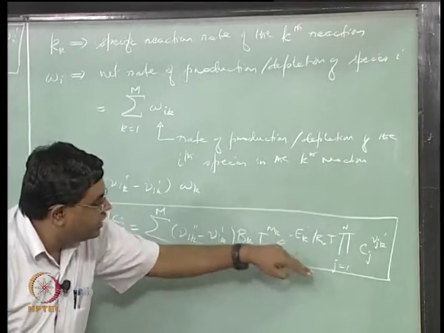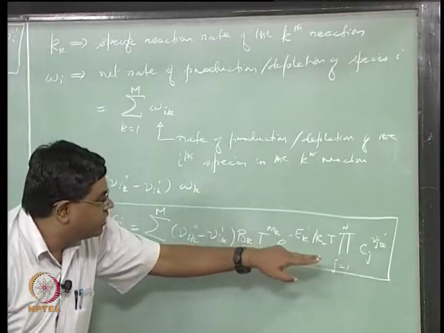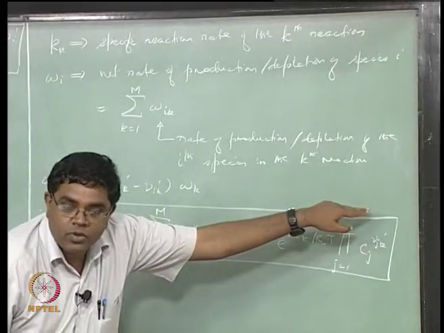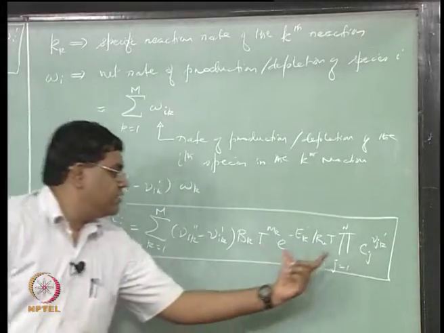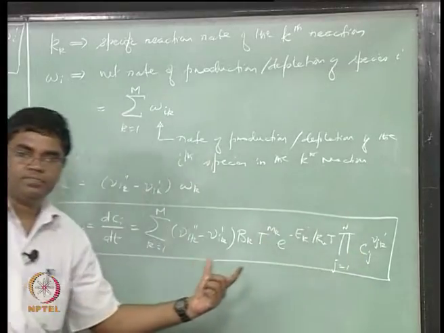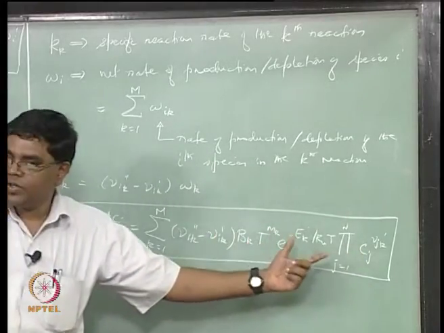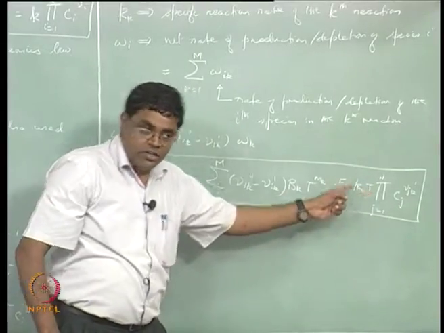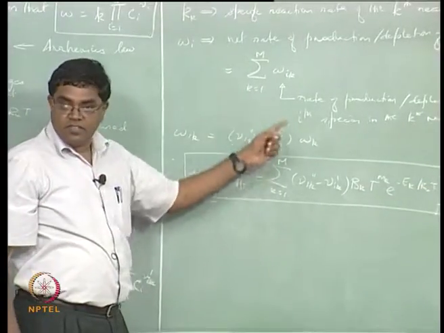You have a pi j equals 1 to n cj to the nu jk single prime, okay, which means this contains a product of all the species which are reactants, right, in the kth reaction, and you now sum over all the k reactions.